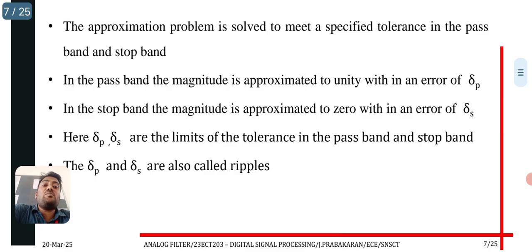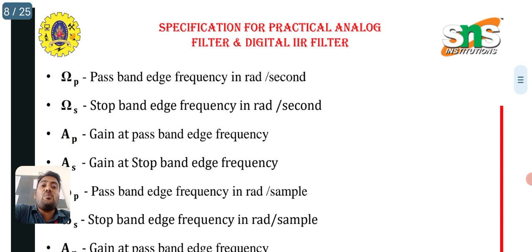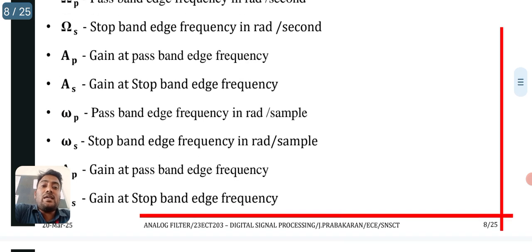Alpha s is the attenuation of the stop band. Here you can see omega p, which is the analog pass band frequency. Omega s is the analog stop band frequency. The unit of frequency is radian per second, and Ap is the pass band gain level. As is the stop band gain.